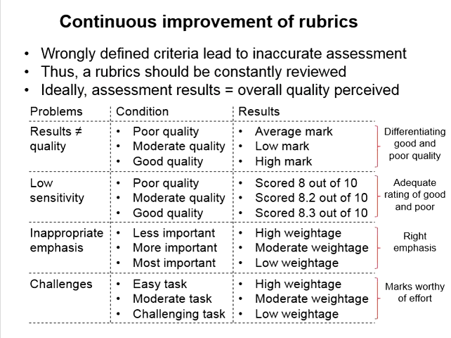Because of this, you will have to test the rubrics, fine-tune the criteria and the definitions within the rubrics, test it again, constantly review, revise as necessary, and over time, it will end up to be a well-established rubrics, having the ability to differentiate good and poor quality, having adequate ratings of good and poor qualities, having the right emphasis, and the marks given should be worthy of the effort.